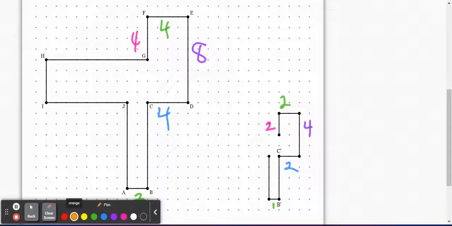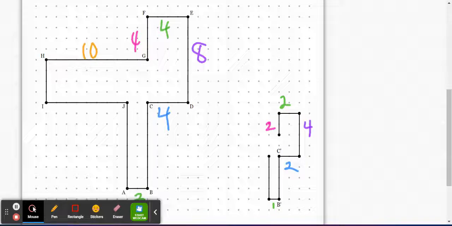So half of 10 is 5. So this should be 5 down here. So now I go 1, 2, 3, 4, 5. There we go. And then I just finish off my figure.